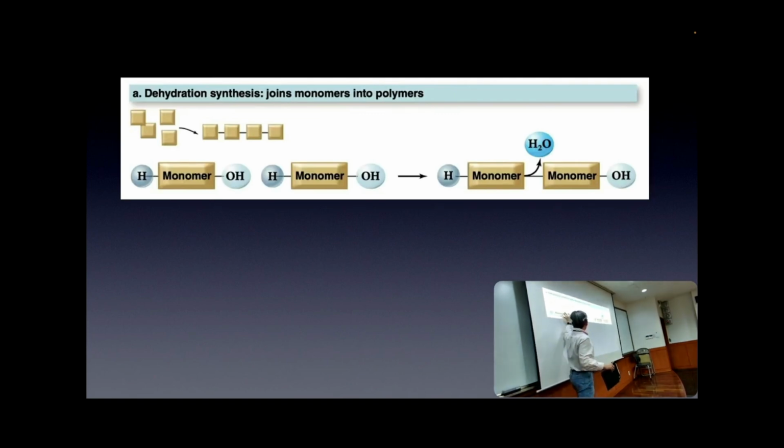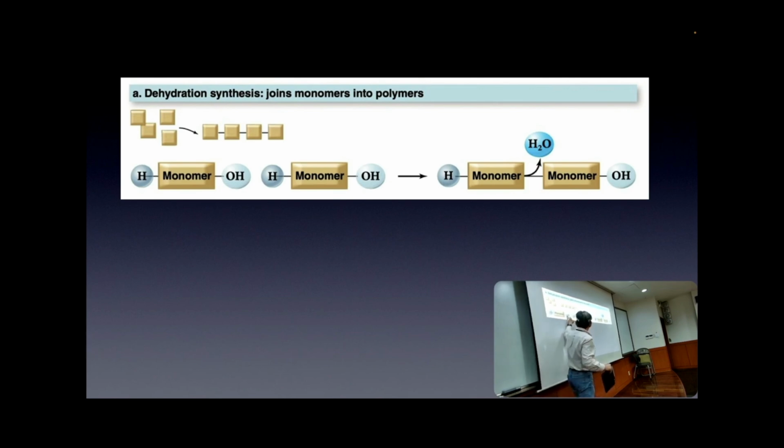Your task is to put these two monomers together, and you're going to use the covalent bond. But among many different types of covalent bond, one particular type that you are going to use is this. Simply draw a line in between, but you get rid of these two parts.